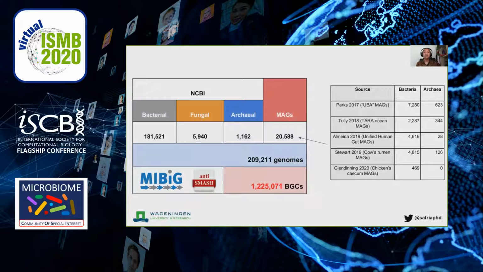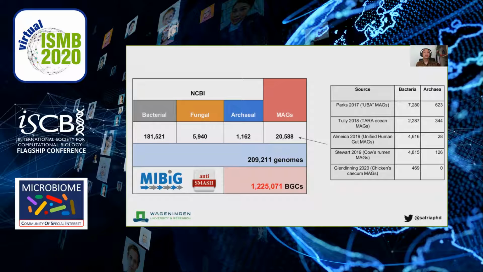Given the close link between these genomic features and the actual chemical compounds that they may encode for, we can imagine that if we take all the sequenced microbial genomes in public databases like NCBI, we can do genome mining and use it as a proxy to map the biosynthetic diversity of all the potential secondary metabolites that those microbial organisms may produce.